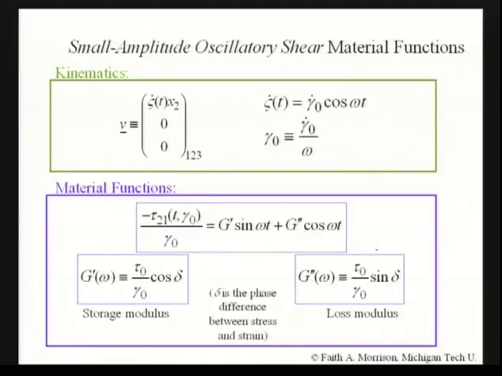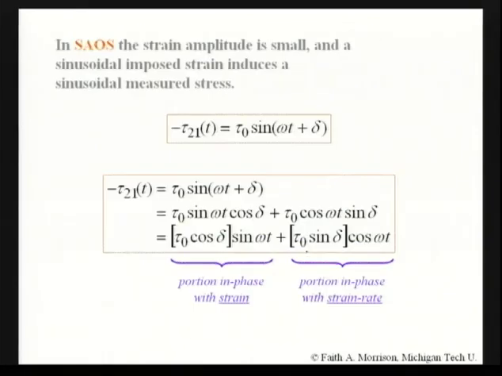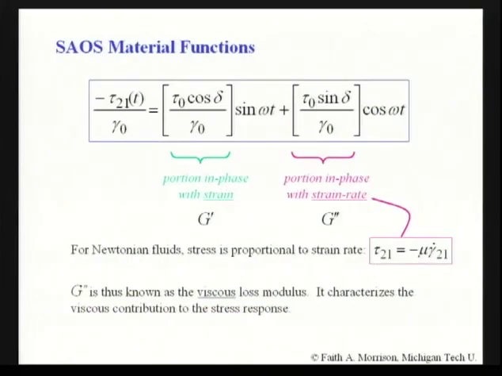Going back to my kinematic slide, here's my shear rate, it's a cosine wave. We get the strain wave by just integrating that between the limits of 0 and t, and we get that strain is a sine wave. This is a very useful material function because it allows us to do viscoelastic properties.